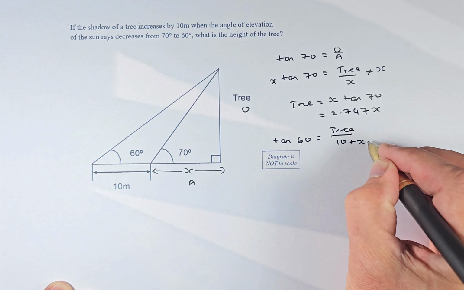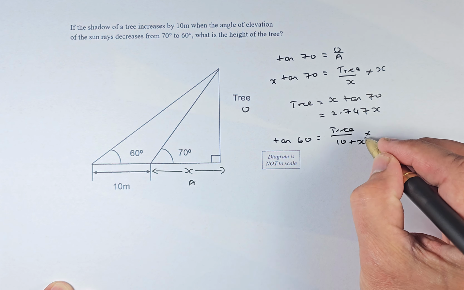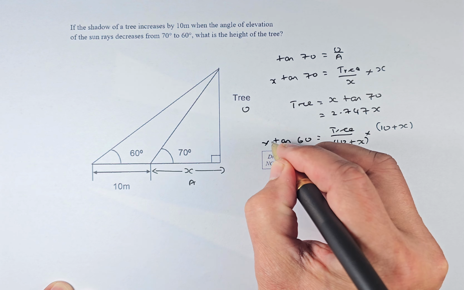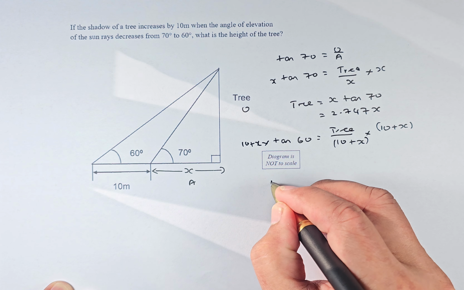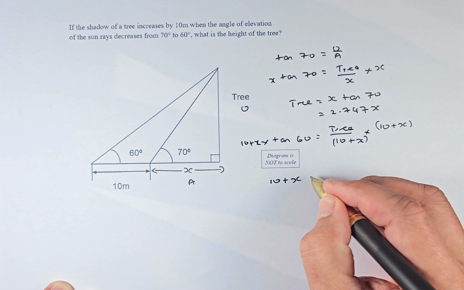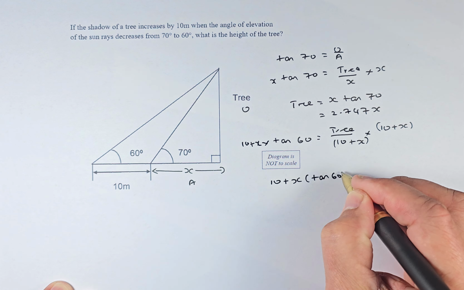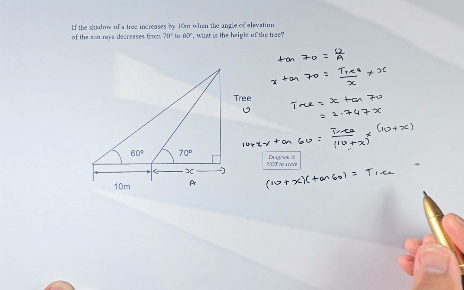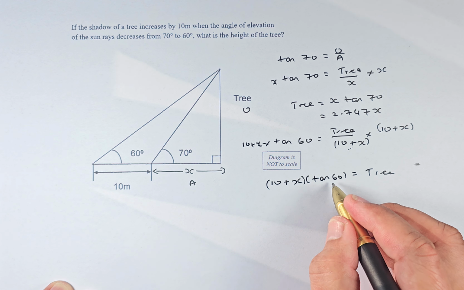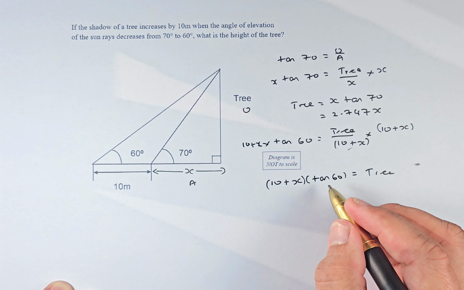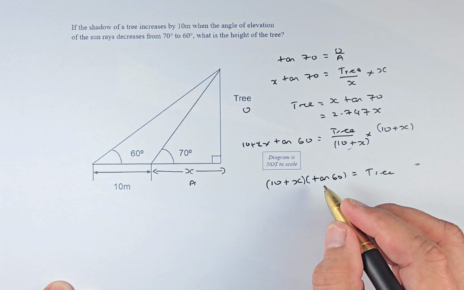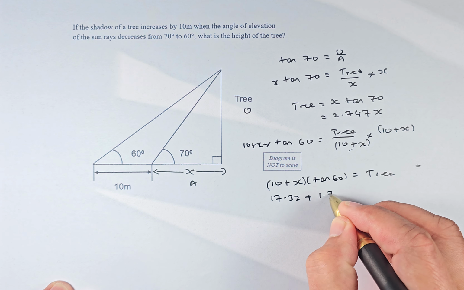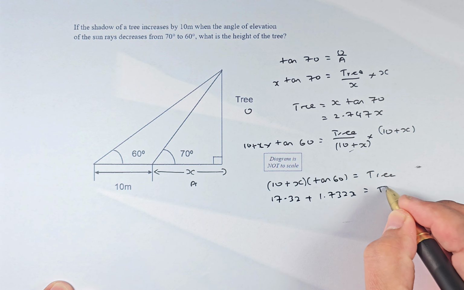So we're going to multiply 10 plus x on both sides, and then it's going to be 10 plus x in brackets times tangent 60 equals 3, because this will cancel out. Expand it out: tangent 60 is 1.732, so you multiply by 10, it's going to be 17.32 plus 1.732x equals 3.